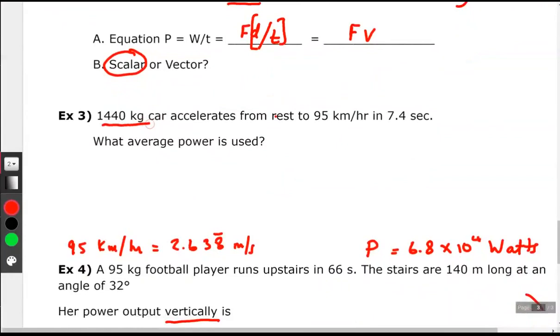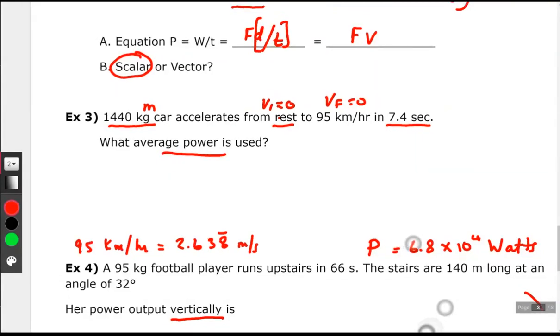You've got a car, and it goes from rest, VI equals 0, to VF equals 95 kilometers per hour in 7.4 seconds. What is the power? Now, what is this car doing? It's changing its kinetic energy.